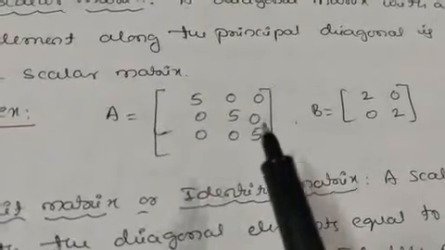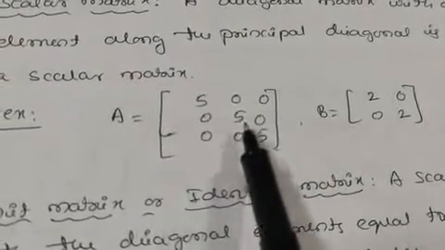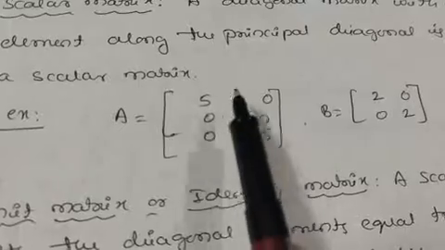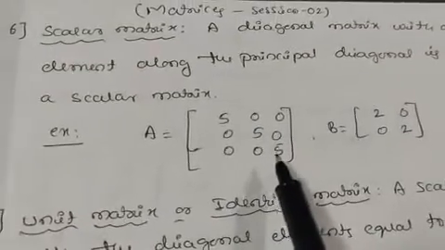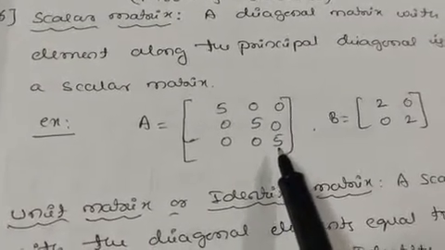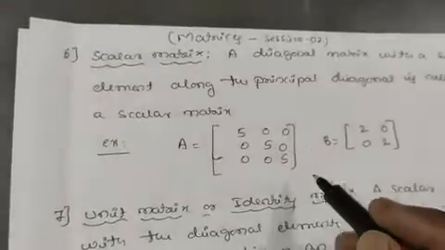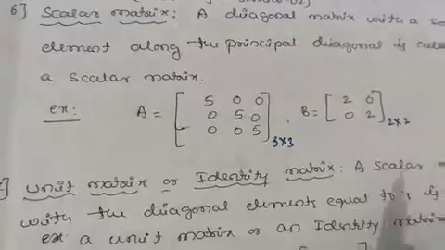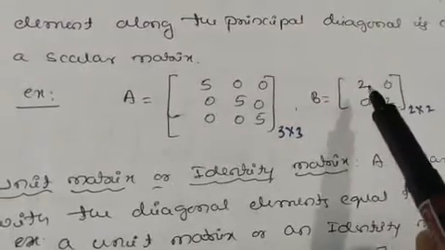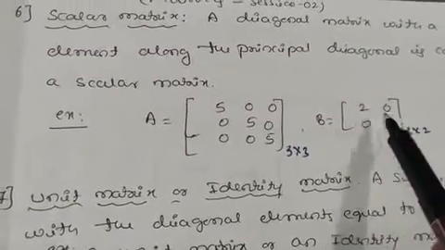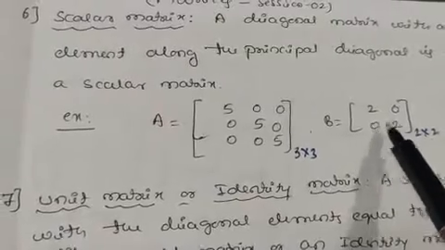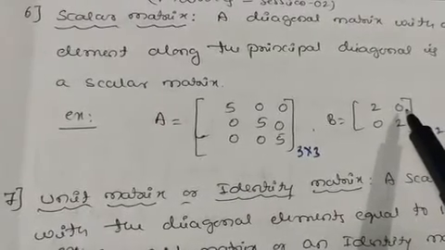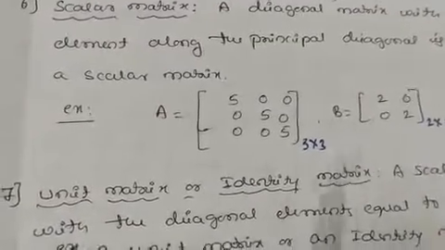Here the diagonal elements are the same and the remaining are all 0, so we call it a scalar matrix. It may be 2 by 2 or 3 by 3. It must be a square matrix. Remember, only the diagonal elements are other than 0 and the remaining are all 0.